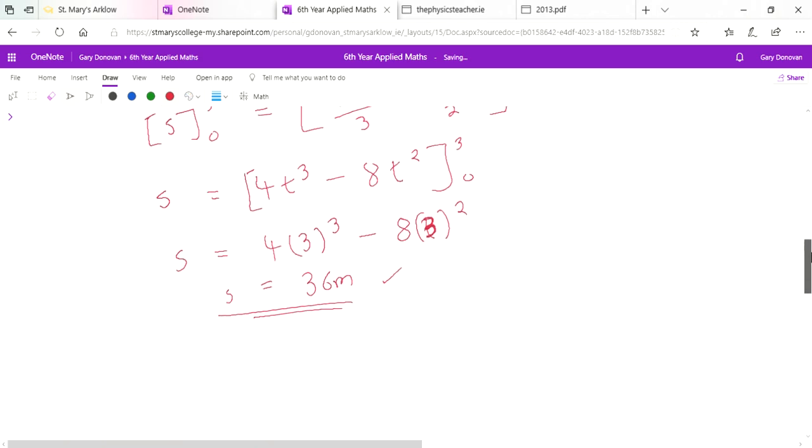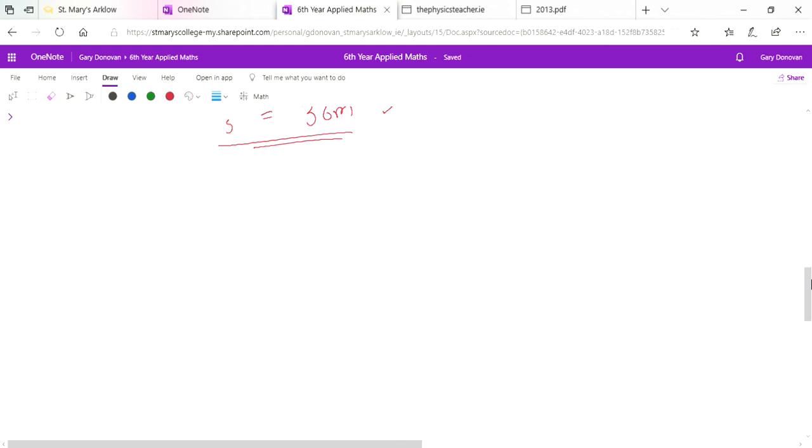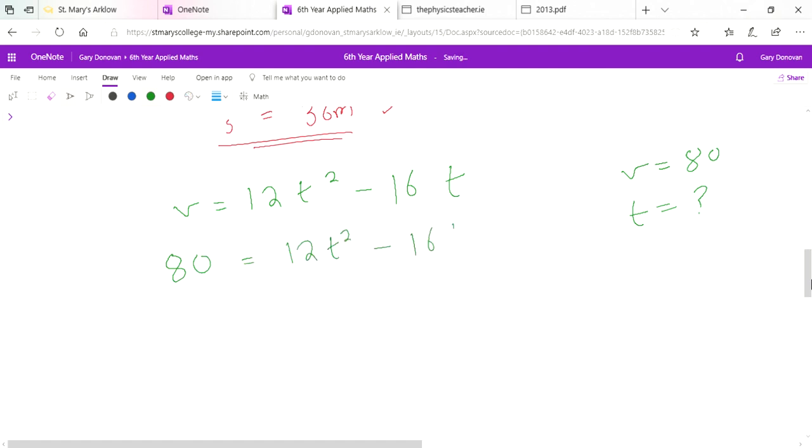We know that v equals 12t squared minus 16t. The question was, when v is 80, what is t? So we put our 80 in place of v here.